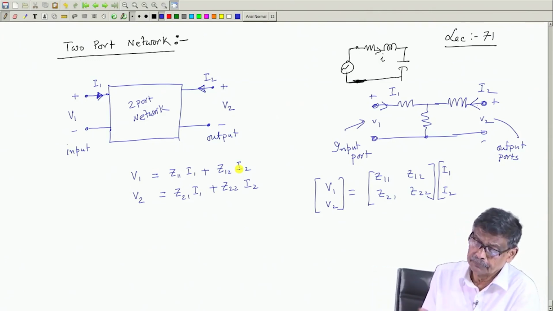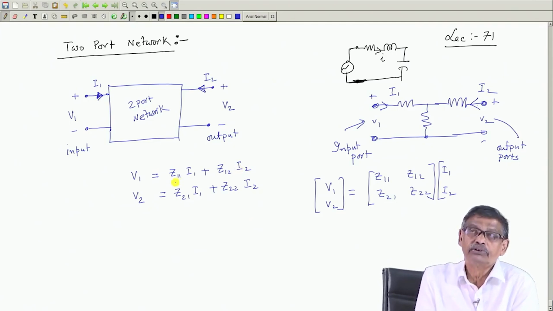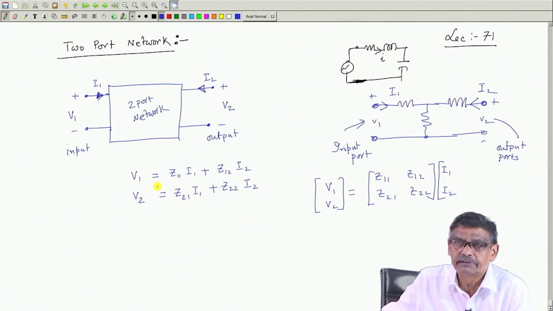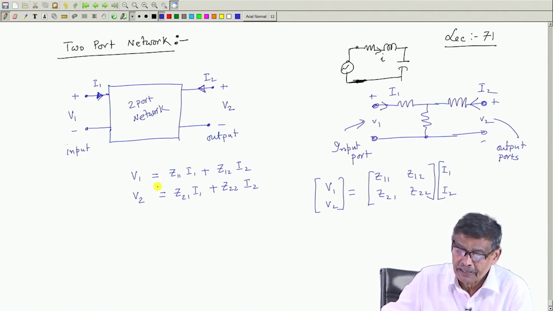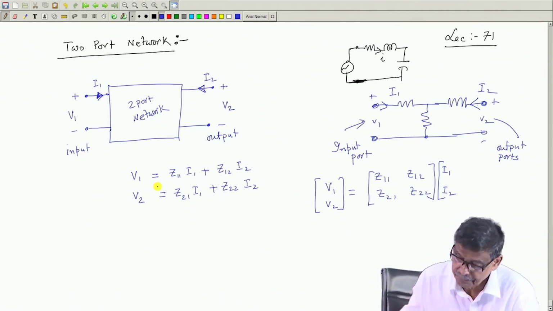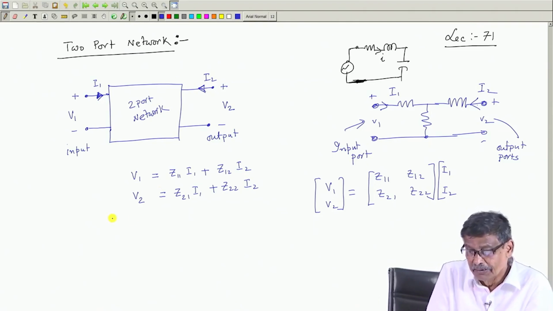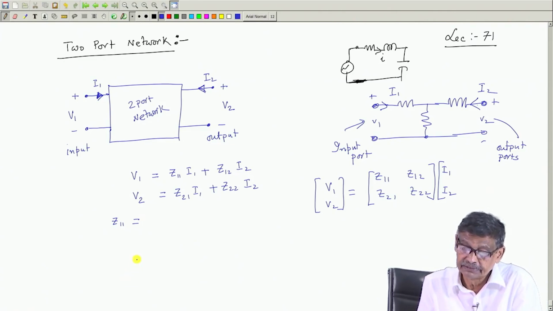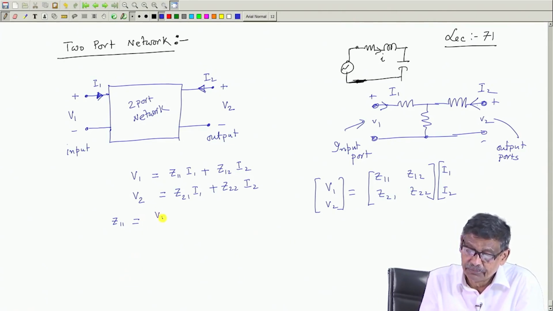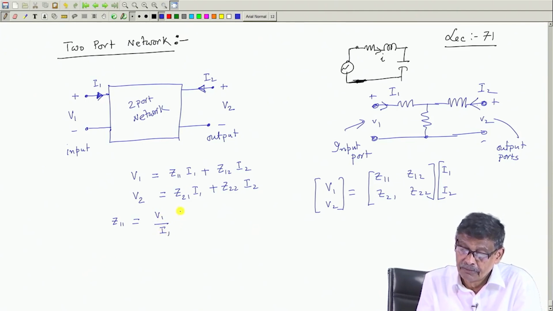So, the question is how to find out Z 11 by doing a simple test of a given two port network, the inside of which you are not allowed to see. Let us see. For example, Z 11, I will go slowly so that you really understand this. I can write it as V 1 by I 1 with I 2 equal to 0.